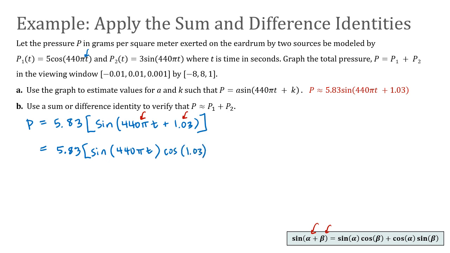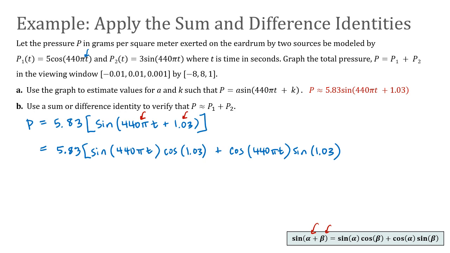Remember, it wasn't exactly 1.03; I think we did some rounding on that. Plus the cosine of the first angle, so there's that 440 pi t again, multiplied by the sine of 1.03. If I still have those exact numbers, of course, I'm always going to use them.